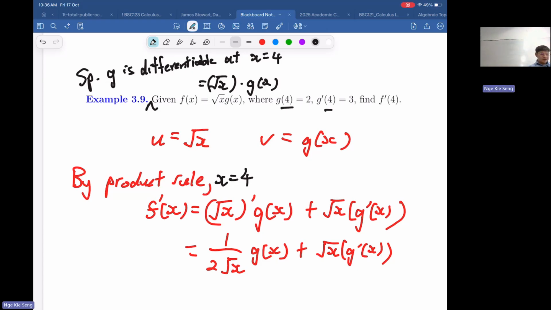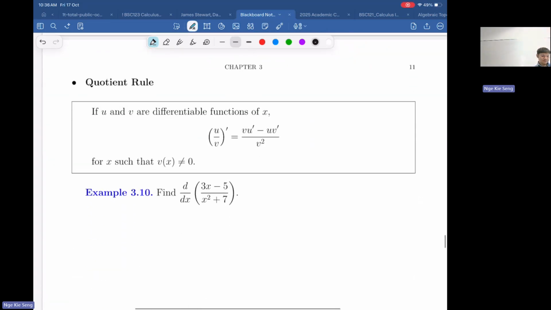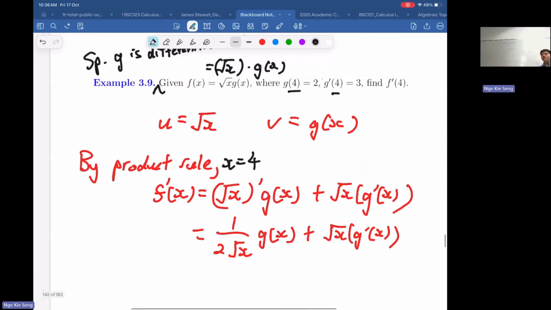This actually tells you that the product rule works as a function, not really as a formula, unless it's defined for x. Everyone, so far so good for product rules? Question? You can continue yourself, right? So you just substitute x equals 4.